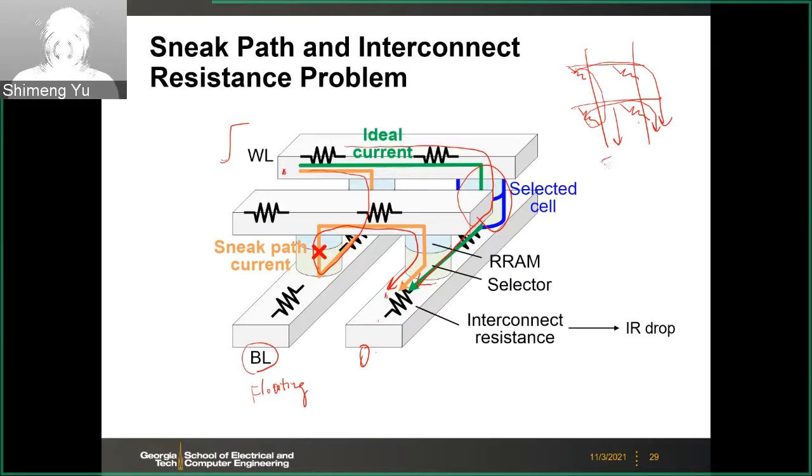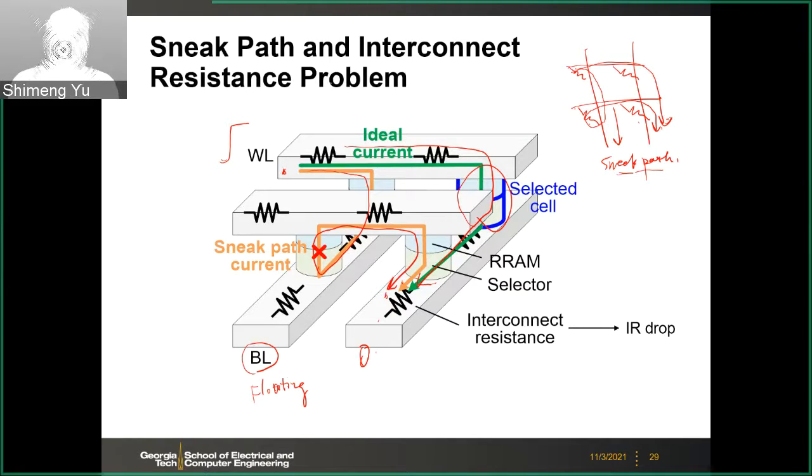So you will have this sneak path current, which will interfere with your main current. So this will cause the degradation of your sense margin. This is just a 2x2 mini array, but for a reasonable size, like 64 by 64, 128 by 128 array, you may have many of those sneak paths, which will cause trouble for the sensing.